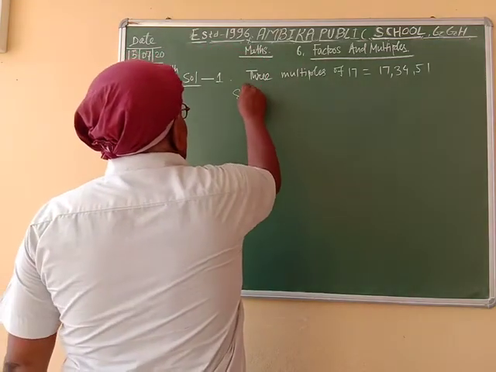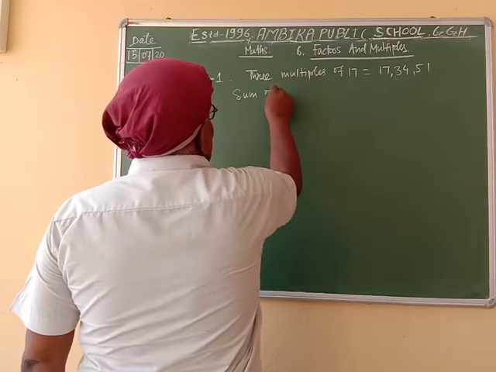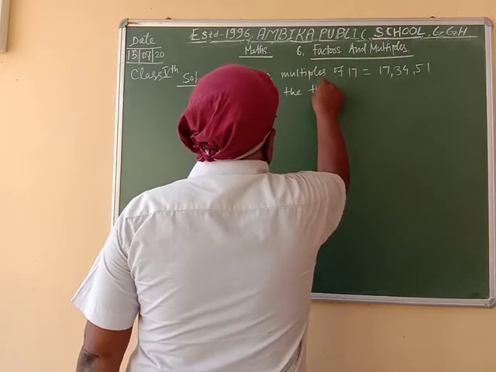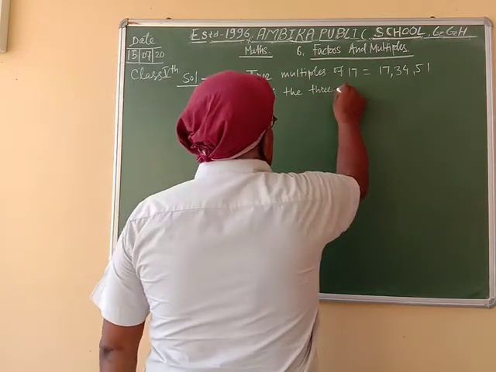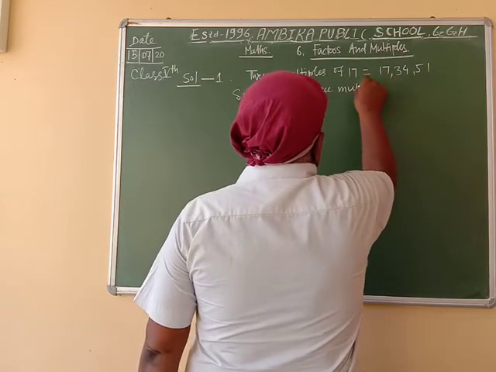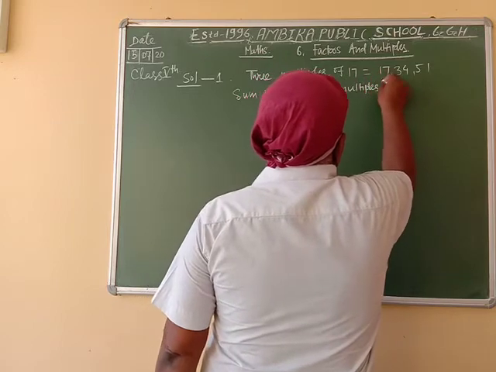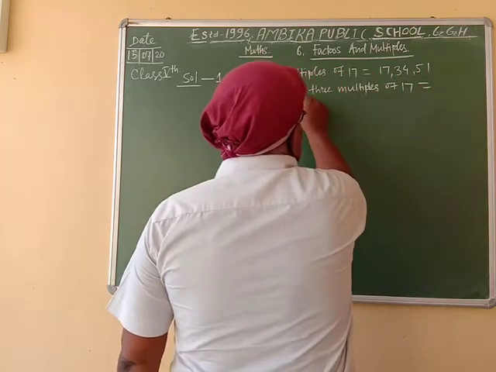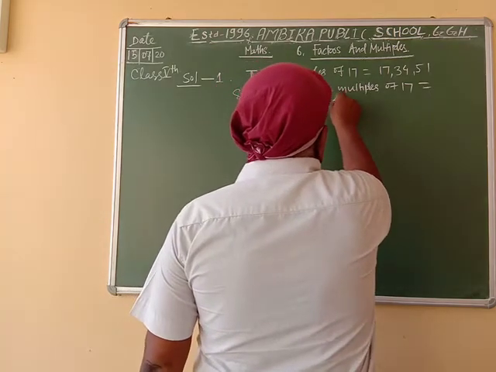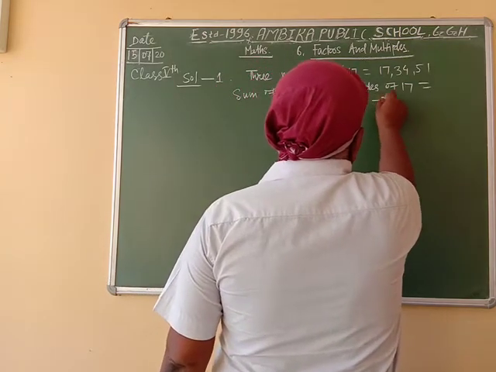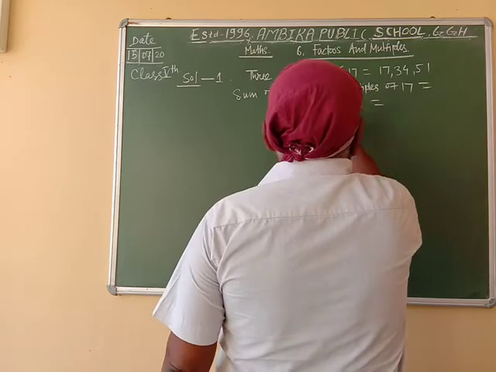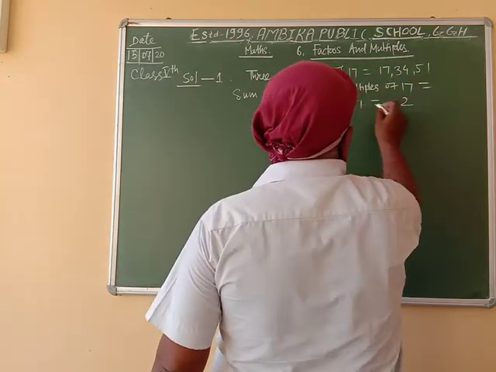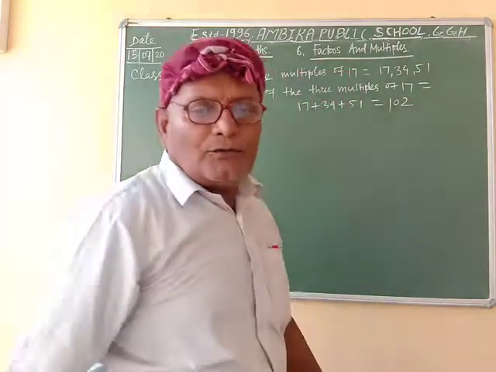And the sum of the three multiples of 17 is equal to 17 plus 34 plus 51, which is equal to 102.